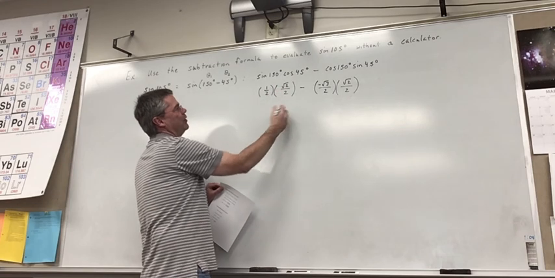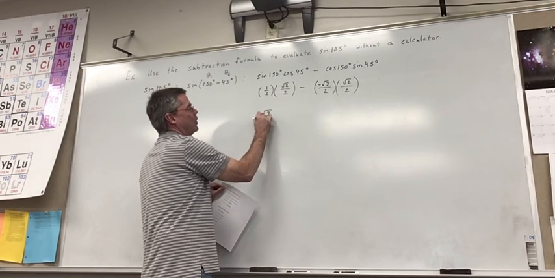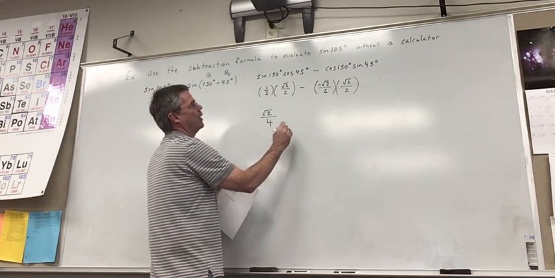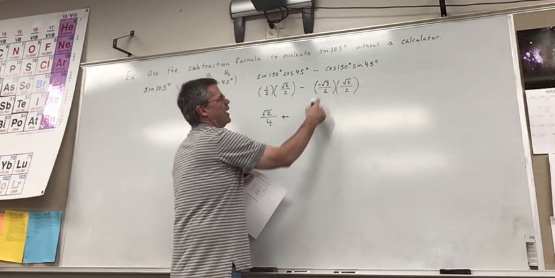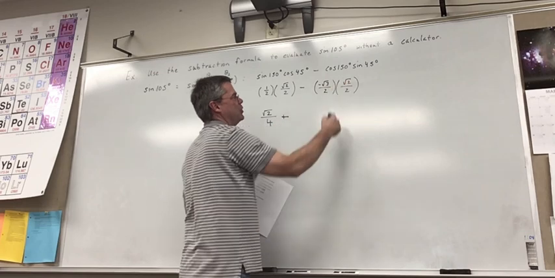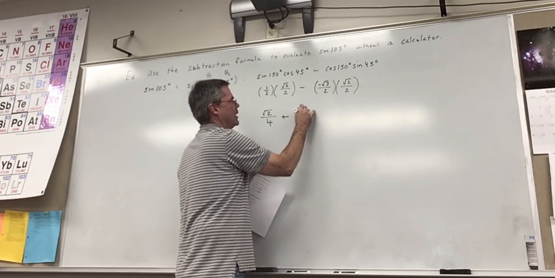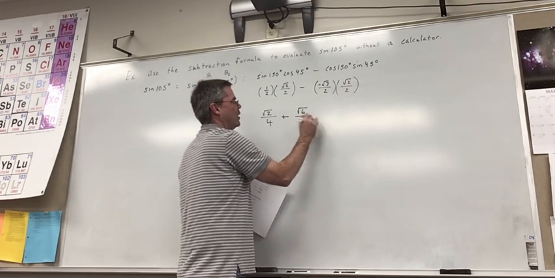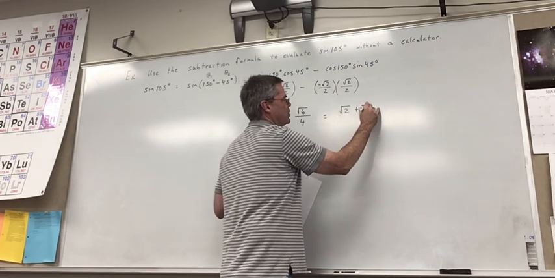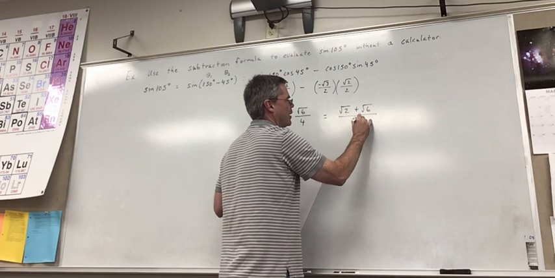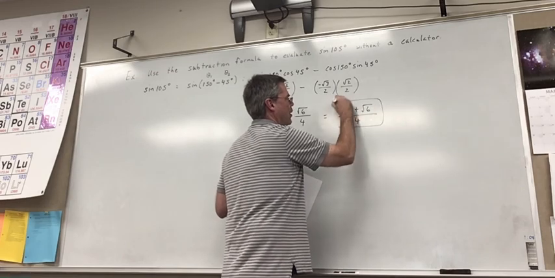So we're going to multiply those together. That's going to be root 2 over 4, and then minus minus would make a plus. Root 3 times root 2 is root 6 over 4. So let's put them together. It's root 2 plus root 6 over 4.